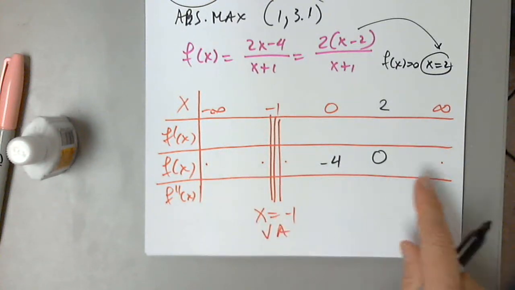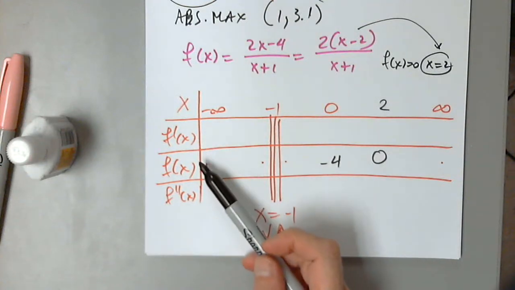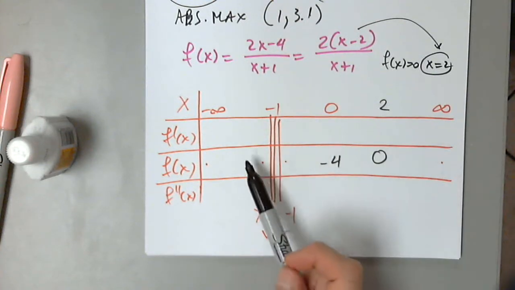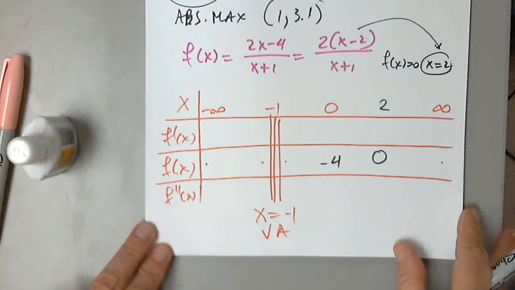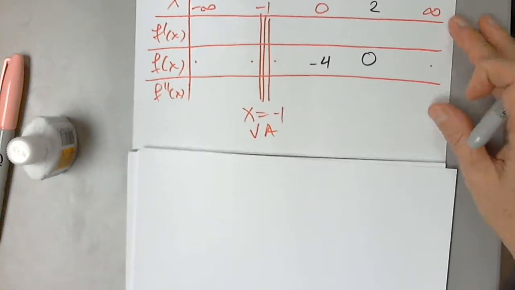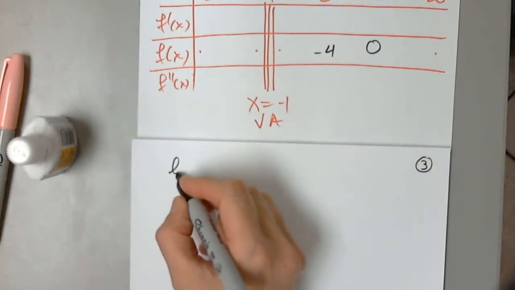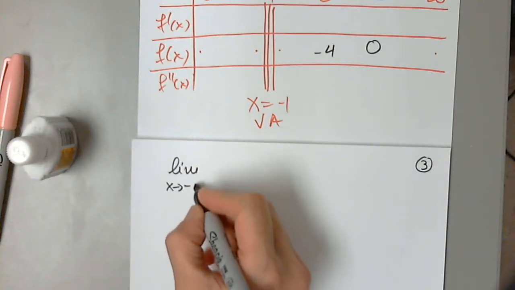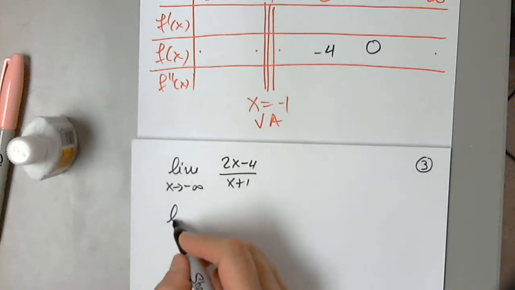Let's determine the corresponding limits to when x approaches -infinity, when x approaches infinity, when x approaches -1 from the left and -1 from the right. Ready? Limit as x approaches -infinity of 2x minus 4 over x plus 1.